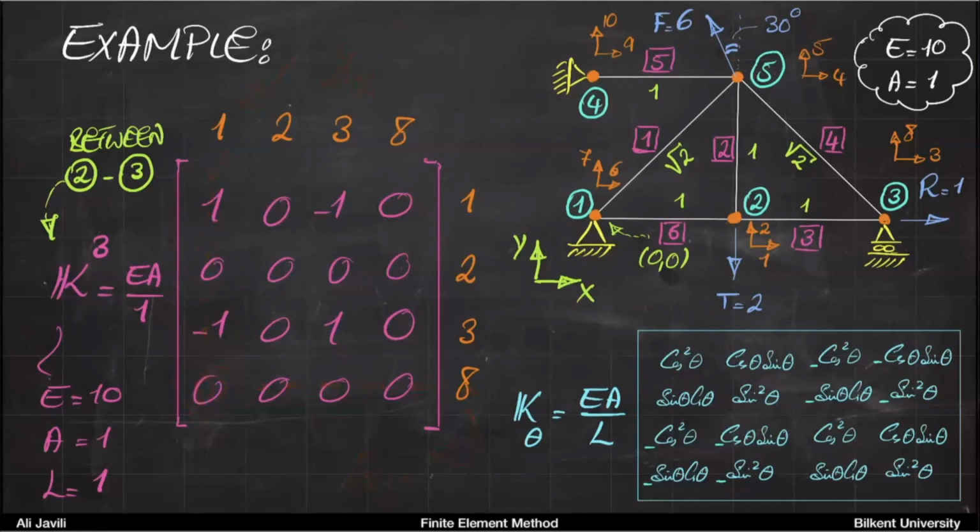Which makes sense because, again, if you think of a truss member like this, a horizontal truss member could not resist a vertical force in the other node, basically, right? It has 0 stiffness. All right, so that is element 3. Do you have any questions?